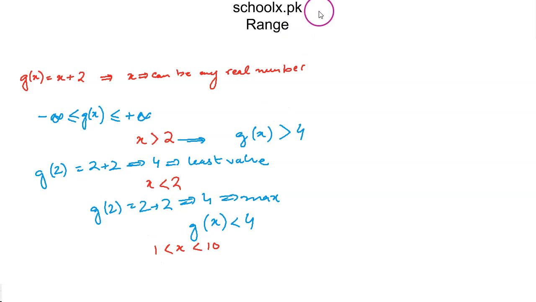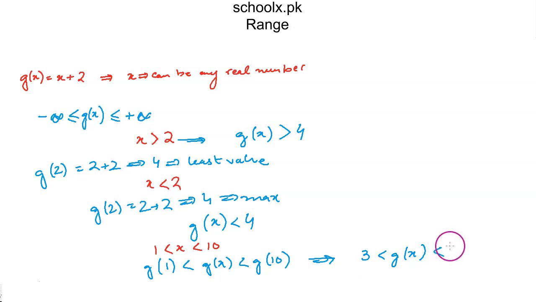So our range of the function g of x will be g of 1, which is 3, to g of 10, because it's a straight line function. The graph of the function is a straight line. This will give us 3 to 12.